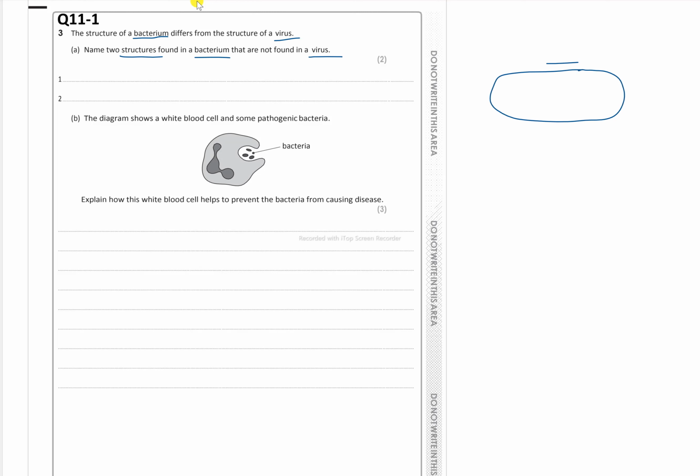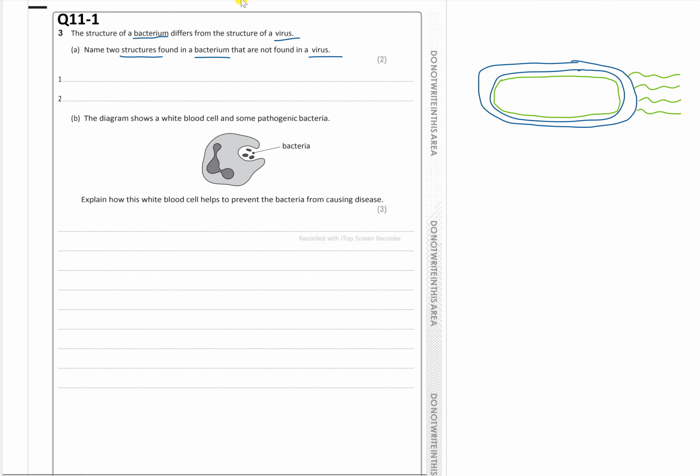So there's the bacterium. There's the bacterium wall. Inside you've got a cell membrane. You've got the flagellum, which helps move the bacterium around.